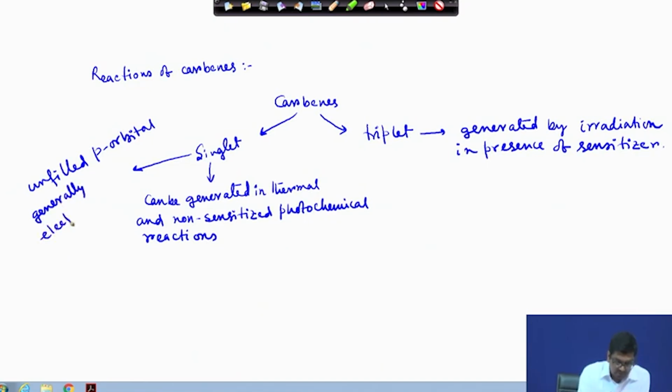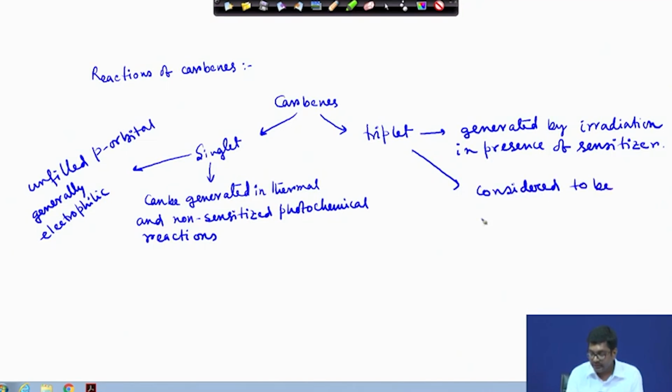But in triplet carbenes, the two electrons are not paired; they stay in one sp2 as well as in the p orbital. So, it can be considered a diradical.